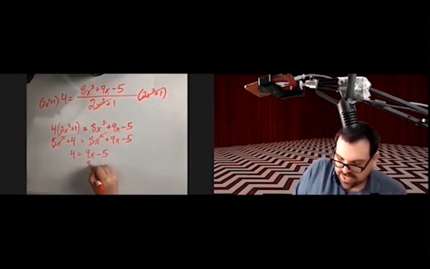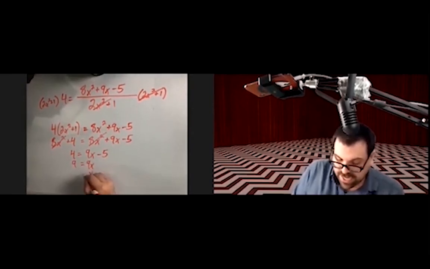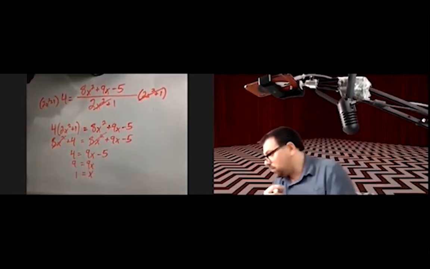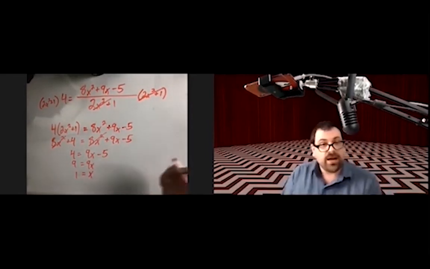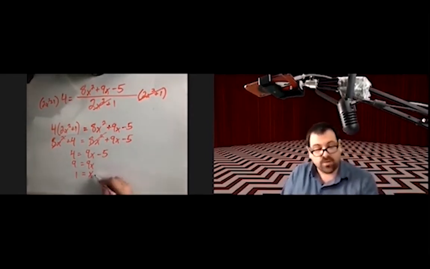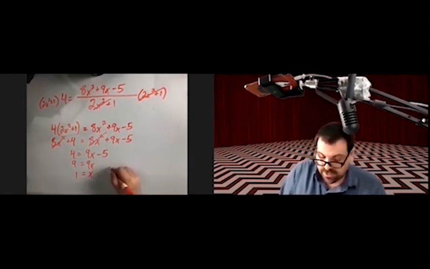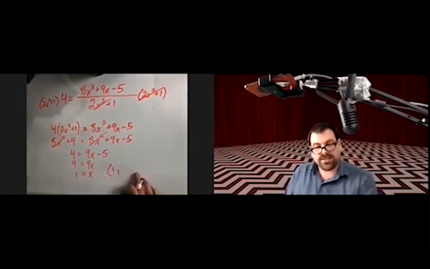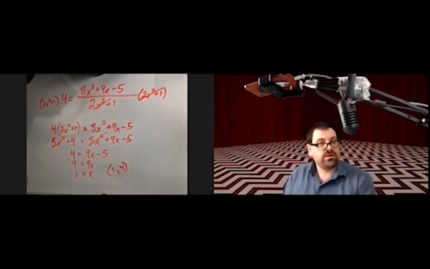Add 5 to both sides, 9x equals 9. Divide both sides by 9, we get x equals 1. So where are we going to cross the horizontal asymptote? It's going to happen when x equals 1. Specifically, the point 1 what? 1, 4.